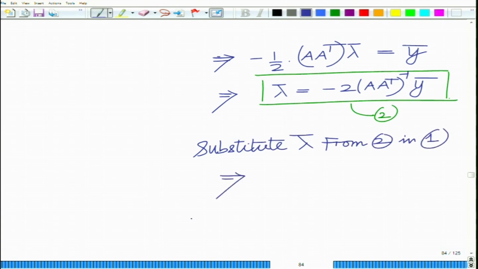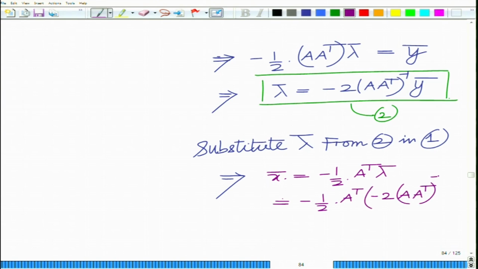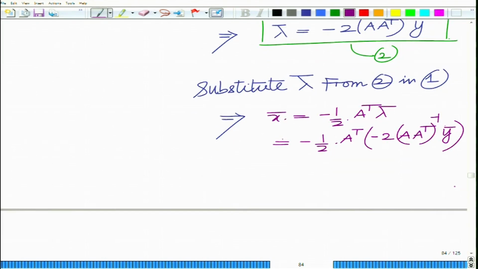What we get here is that x bar equals minus half A transpose lambda bar. Now substitute lambda bar, minus half A transpose times minus 2 A A transpose inverse into y bar. So the minus half and minus 2 cancel, so this will be A transpose A A transpose inverse into y bar.